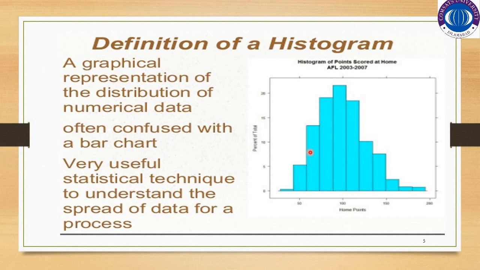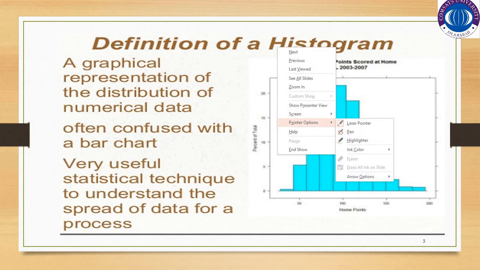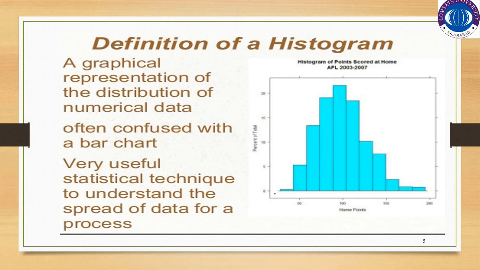There is no gap between the rectangles, and this usually shows the spread of the data. That is the peak of your data, this is the lowest point, and this is the highest point. So if you see the spread, it would be like this: it is increasing, and this is the peak point. There's one peak in the data, and this is the whole spread of the data.